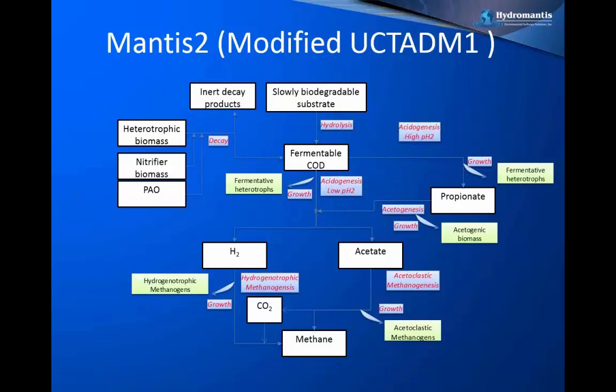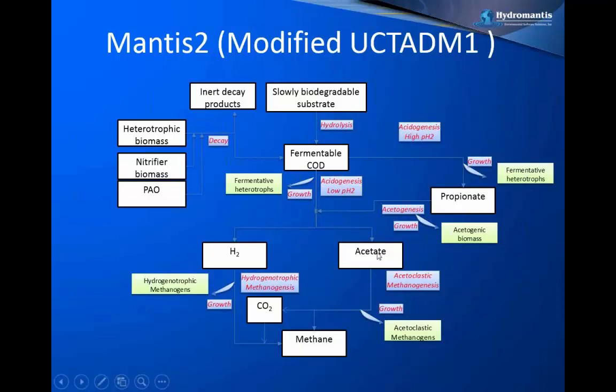We are not considering the higher long chain like valeric acids, butyric acid, or some of the other intermediates that are being used in ADM1. So we just have only the three intermediates that we think are the most important ones in the context of wastewater treatment plants.